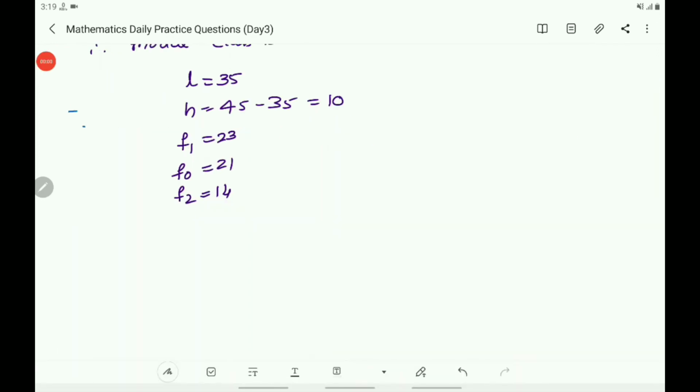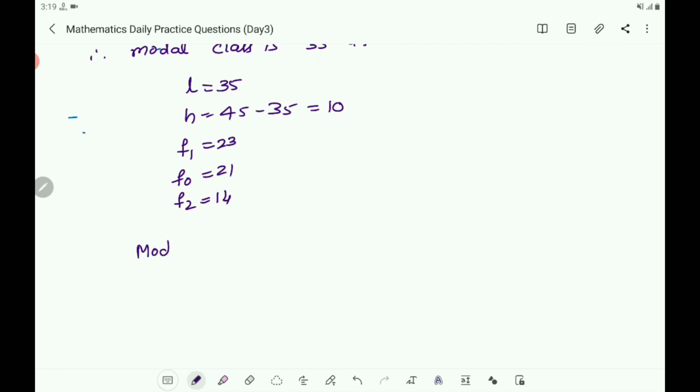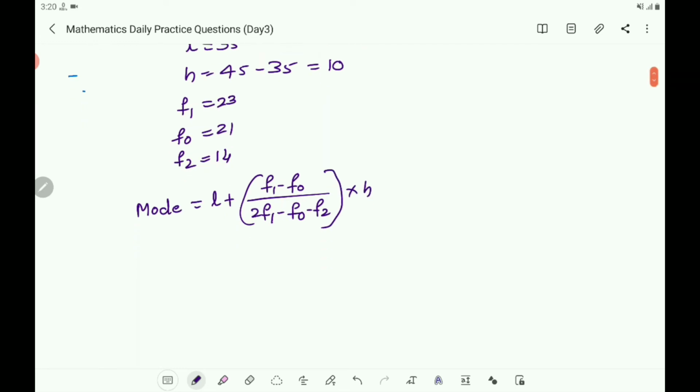What is the formula to find the mode? Mode equals L plus (F1 minus F0) by (2F1 minus F0 minus F2), into H, the size of the class.